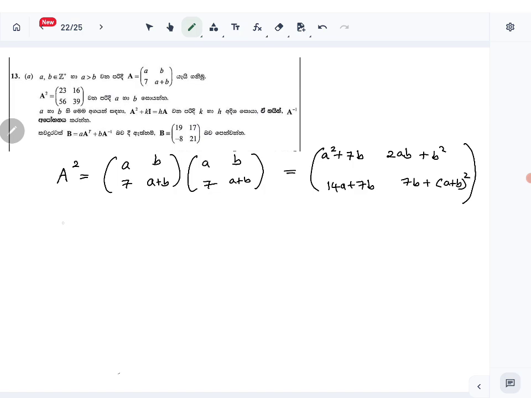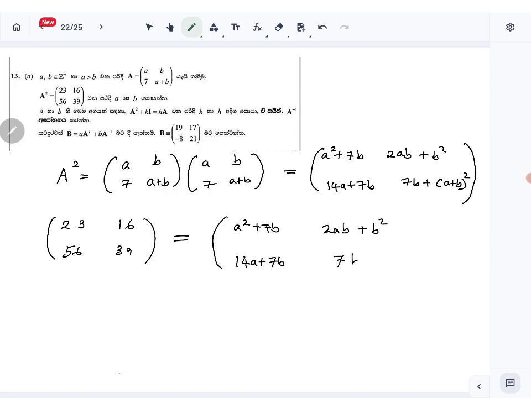So then A squared is 23, 16, 56, 39. So this is going to be equal to the matrix we just found: A squared plus 7B, 2AB plus B squared, 14A plus 7B, 7B plus (A plus B) squared.